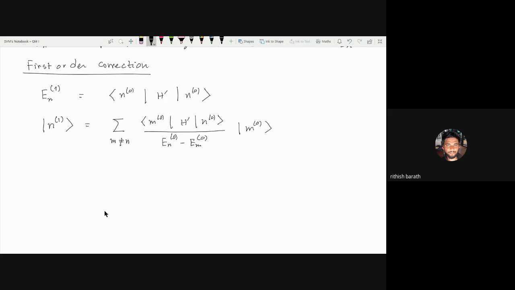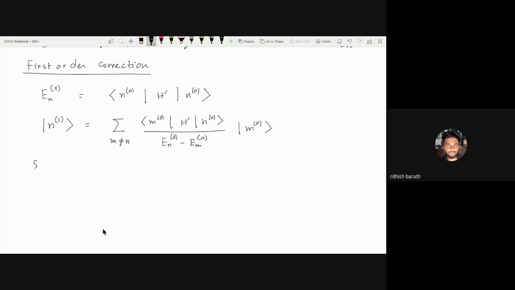This is the coefficient of expansion into |m0>. So this is how the state is modified: this is the unperturbed state, and this is the first order perturbation correction for the state.